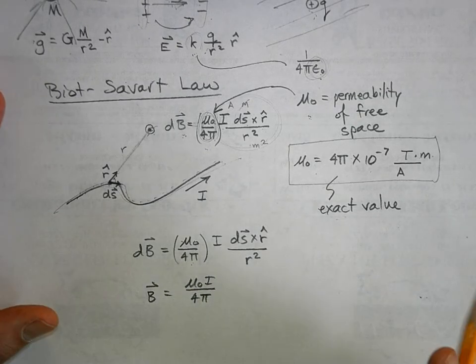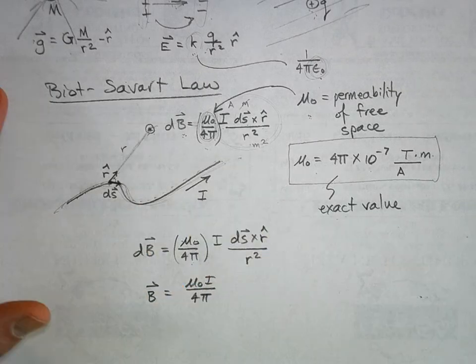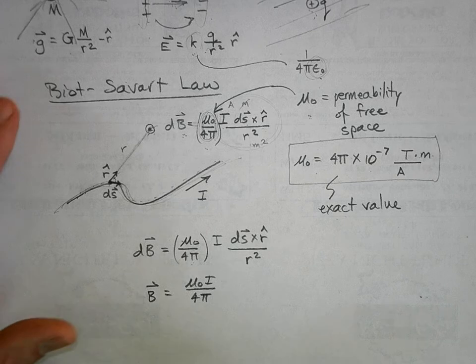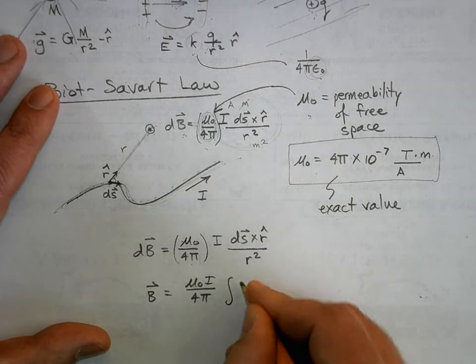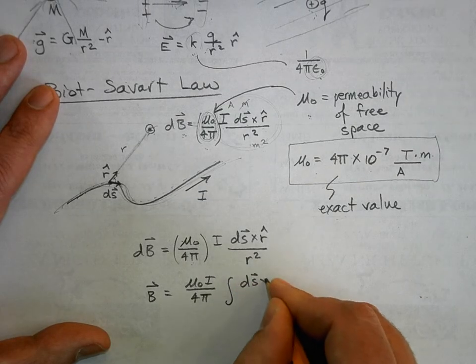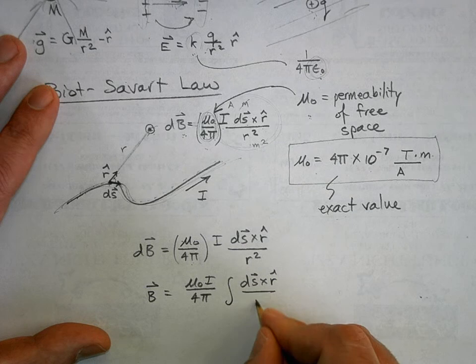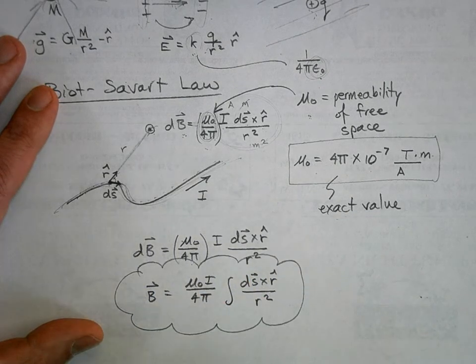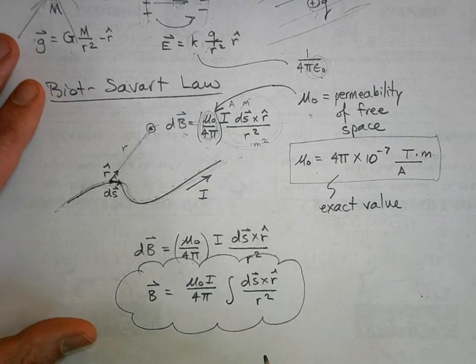The current is going to be constant everywhere. Believe me, this is going to be hard enough. Times the integral of ds cross r hat over r squared. And this is the Biot-Savart Law that we're going to use.